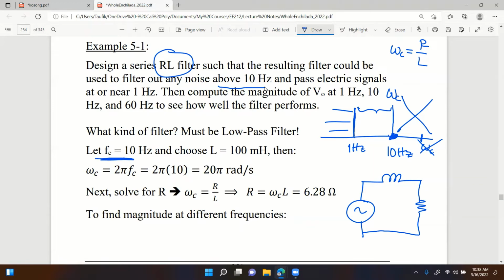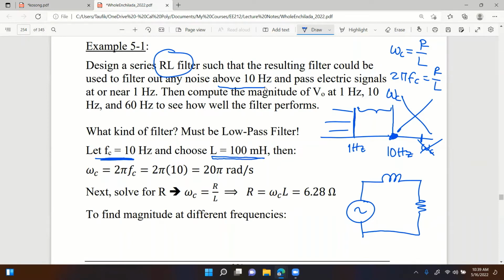Once I know FC, then omega C is just going to be 2 pi fc, and that's going to be R over L. So now I have this equation, but you have two unknowns. So go ahead and pick one, either R or L. I'm going to pick L.